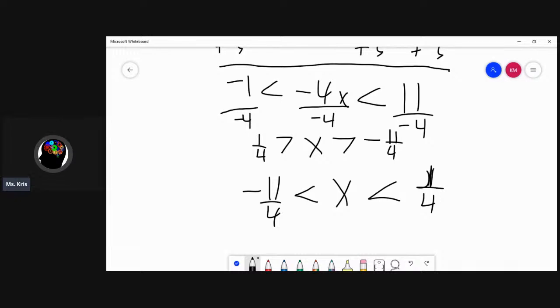So if your signs are flipping, where the last number becomes negative and the first number becomes positive, all you have to do is flip it. But once you flip it, you must flip the signs back. So now, with my number line and 0, I have -11/4 on this side, and I have a positive 1/4 on this side.